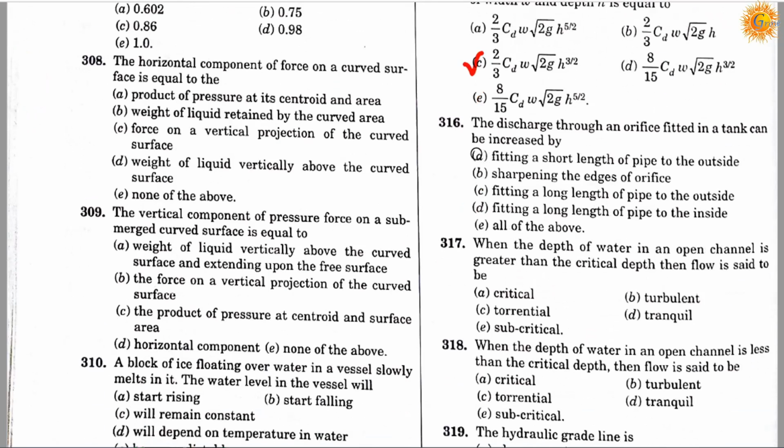Question number 316. The discharge through an orifice fitted in a tank can be increased by option A, fitting a short length of pipe to the outside, option B, sharpening the edge of orifice, option C, fitting a long length of pipe to the outside, option D, fitting a long length of pipe to the inside, and option E, all of the above.